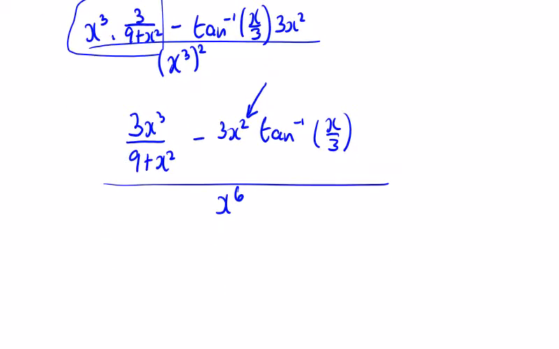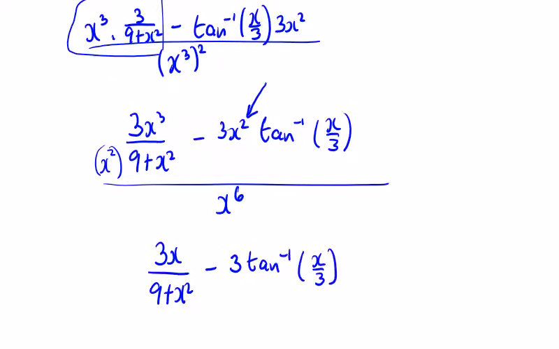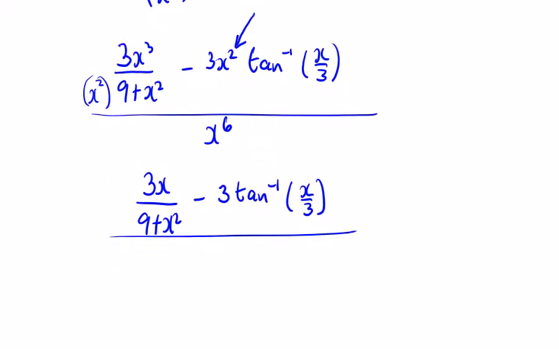So imagine that there's going to be an x squared on the bottom here. So I'll be able to divide it into the x cubed. So I'm going to get 3x in the first term over 9 plus x squared, minus the x squared will disappear if I divide by x squared. So I'm going to get 3 times the inverse tan of x over 3. And on the bottom, I'm going to have x to the power of 4.